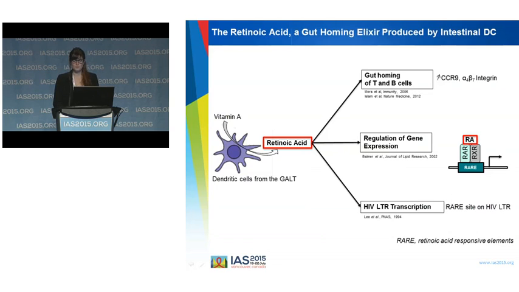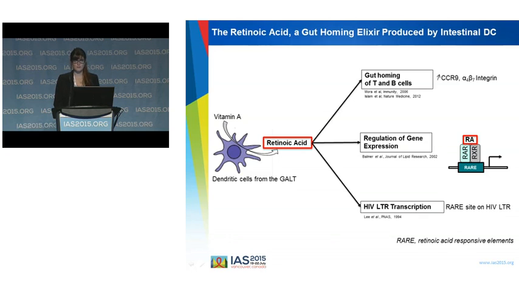So as you all know, the gut is a major site for HIV replication. Expression of gut homing molecules such as integrin alpha-4 beta-7 or CCR9 on immune cells is induced by retinoic acid. Retinoic acid is a metabolite of vitamin A produced by intestinal dendritic cells.